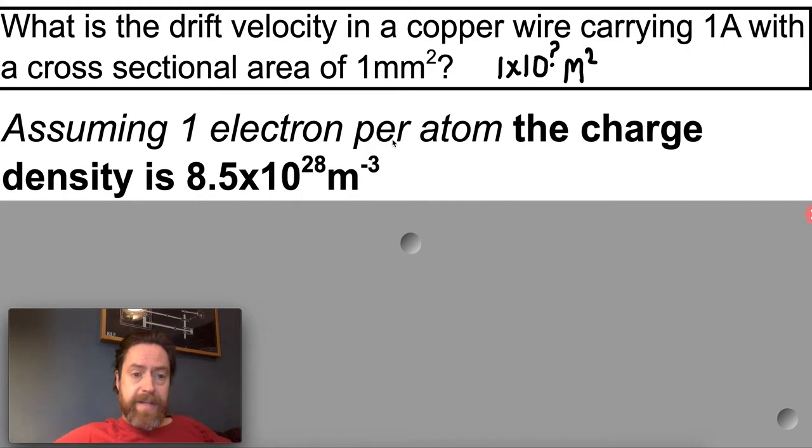Now, if we assume that there's 1 electron per atom, the charge density, that's n, will be 8.5 times 10 to the 28 per metre cubed, which is just a huge number. So can you use the equation, rearrange it? The drift velocity is I over nAq, and work out how fast they're going. Be careful though, because you've got to change this to metres squared. It's not just a case of 1,000 this time, is it? 1 millimetre squared is 1 times 10 to the minus 6 metres squared.